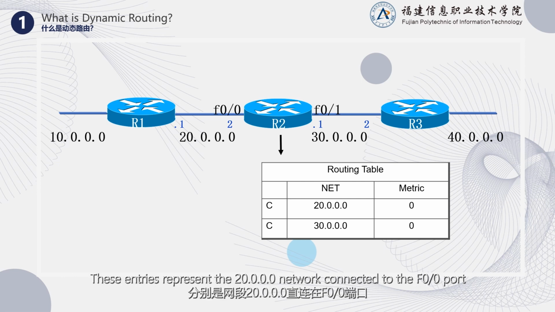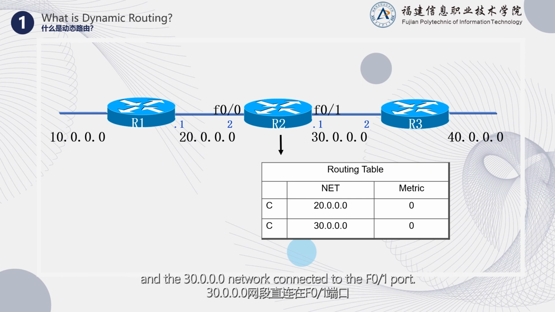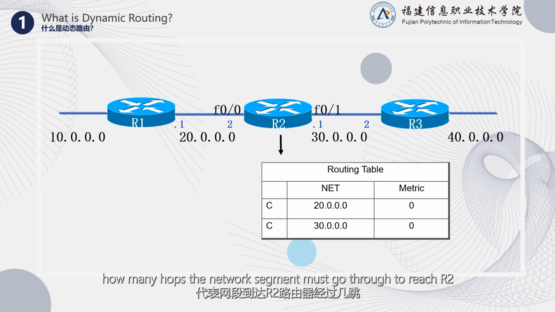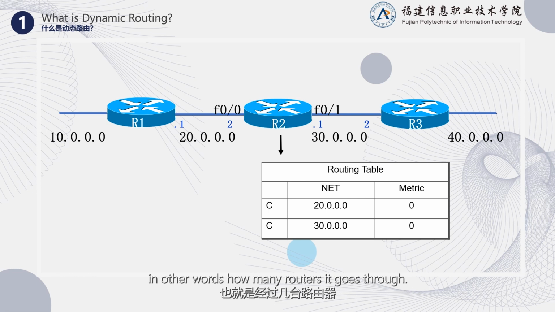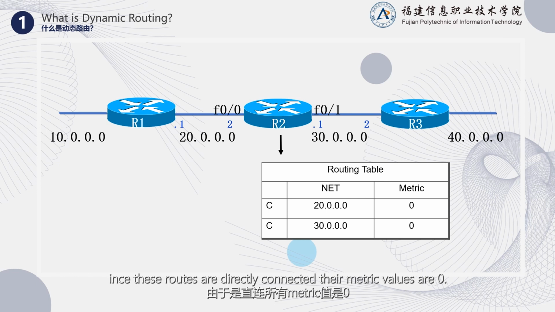These entries represent the 20.0.0.0 network connected to the F0 port, and the 30.0.0.0 network connected to the F0 first port. The metric value in the routing table represents how many hops the network segment must go through to reach R2. In other words, how many routers it goes through. Since these routes are directly connected, their metric values are 0.